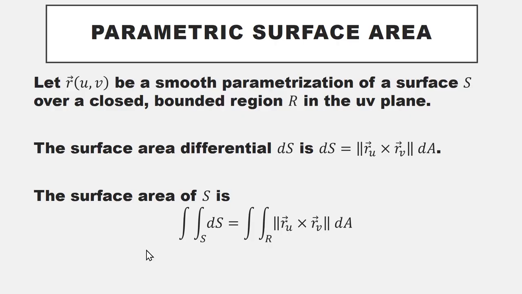And so this integration gives me a way to find parametric surface area. Again, that all comes from the fact that my surface area differential dS, when I convert to integrating with respect to u and v, becomes the magnitude of the cross product of the partial derivatives. Partial derivative with respect to u, and partial derivative with respect to v.